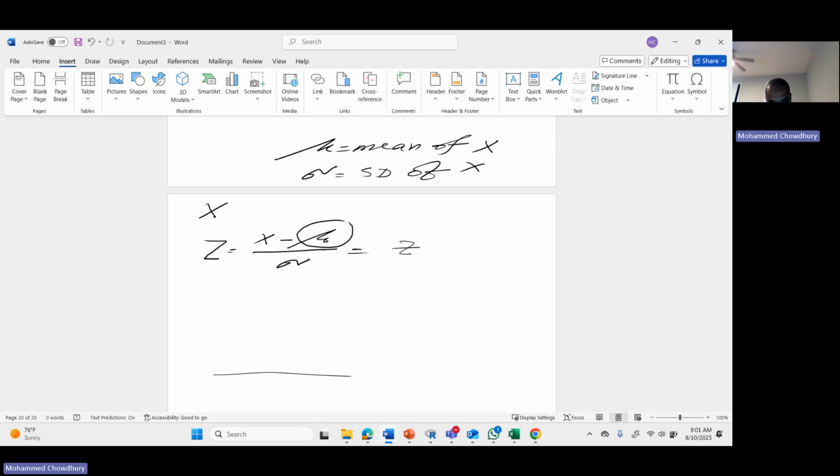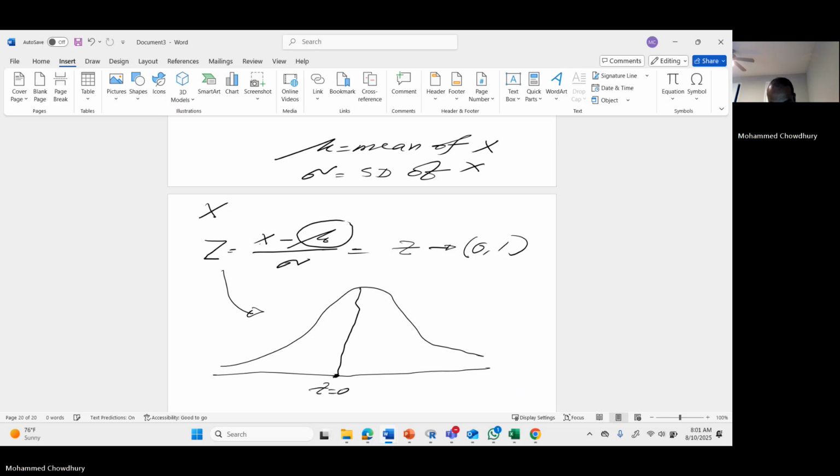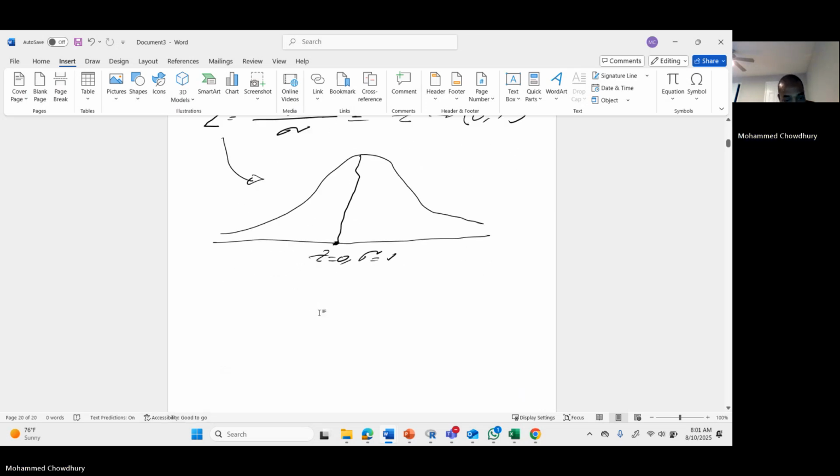Now, in such cases, Z has a mean of 0 and standard deviation of 1. Previously, here is X and the mean is X bar, right? Now, here is the mean in the Z scale. Mean equal to 0 and standard deviation sigma or S equal to 1. Now, let me rephrase this.